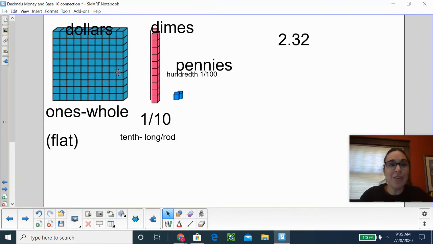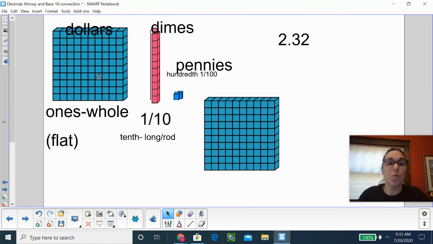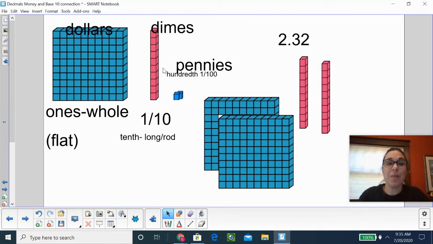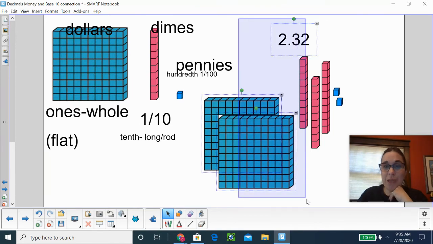Well, we're going to go ahead though and do it with our blocks. 2 whole will be 2 flats, 3 tenths, and 2 hundredths. And that's a way that we could model 2 and 32 hundredths. It's more than 2 whole, but less than 3 whole.